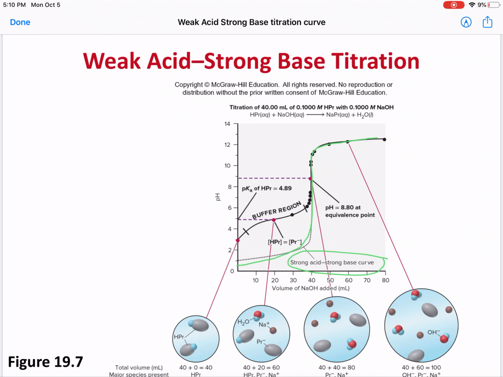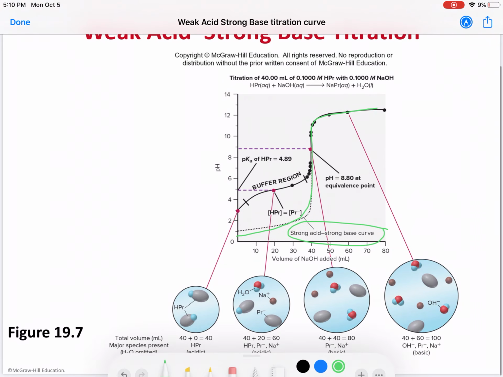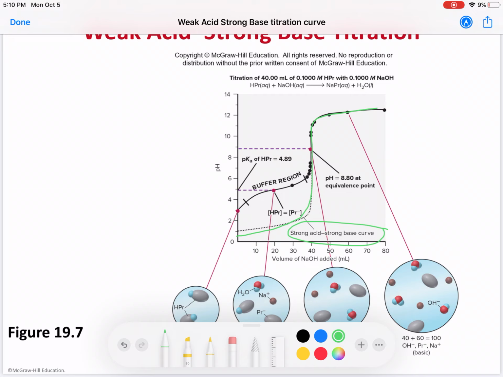Propionic acid, the pH is a little high to begin with. You can see the pH is a bit higher to begin with over here, around 3. And then remember, this is the buffer region that I talked about. At that point, HPr equals Pr minus, which in other words, in our case, the acetic acid concentration is similar to the acetate ion.